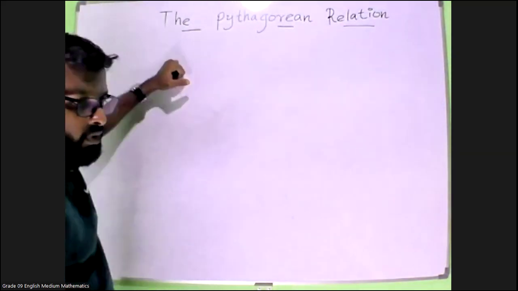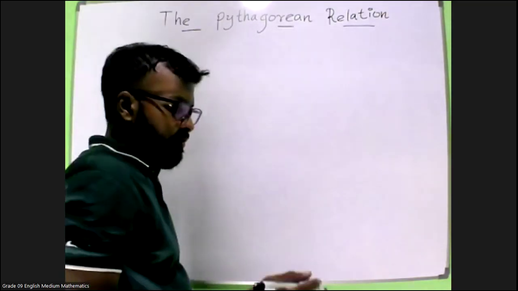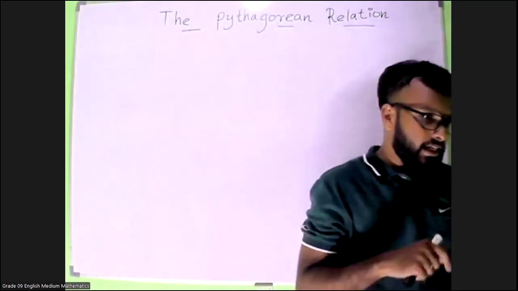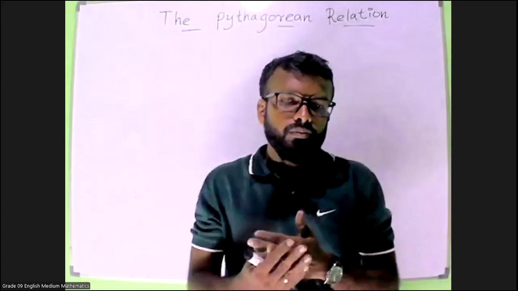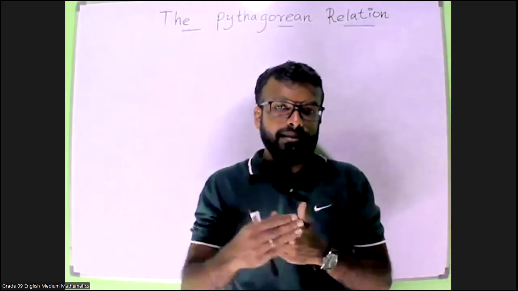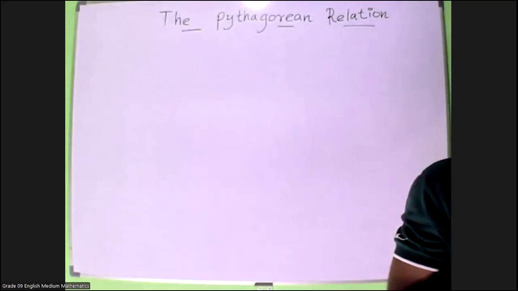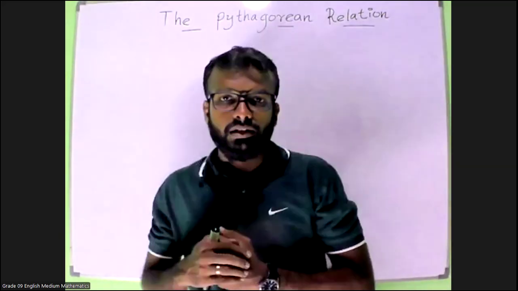So, you know what we discussed previously. It is a right angle and it has a 90-degree angle, right? And it also has a hypotenuse, right? So we are going to discuss this theory using the right angle triangle.